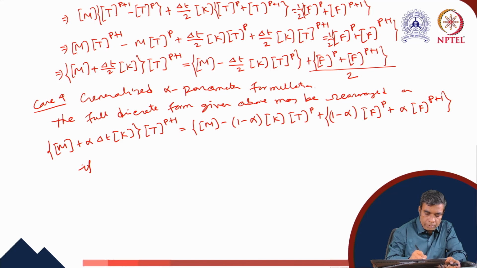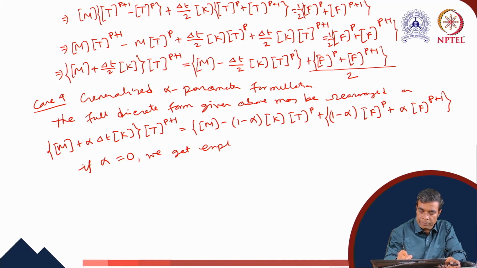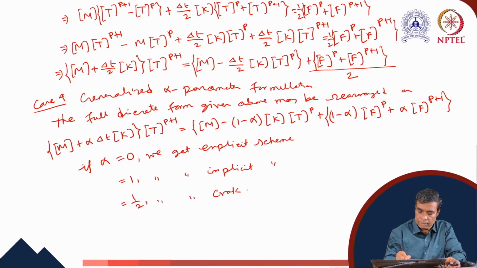So if alpha equals 0, we get the explicit scheme. If alpha equals 1, we get the implicit scheme. If alpha equals half, we get the Crank-Nicolson scheme.